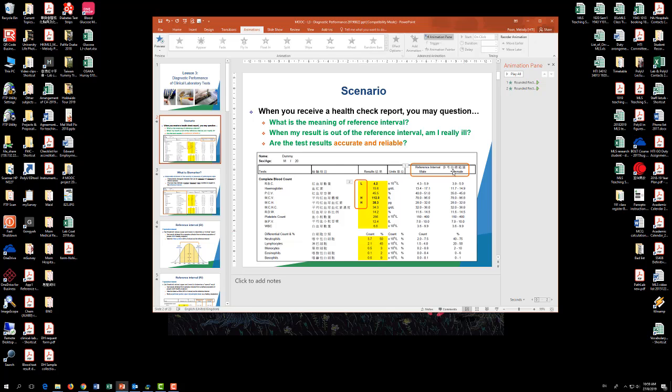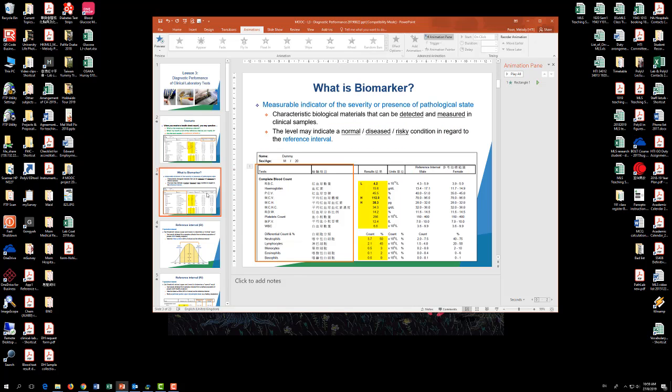Based on all these questions, firstly you have to know why you have to test these biomarkers. A biomarker actually is a biological material in your body that we can detect and measure in the clinical samples.